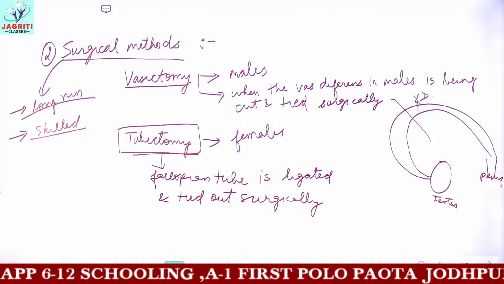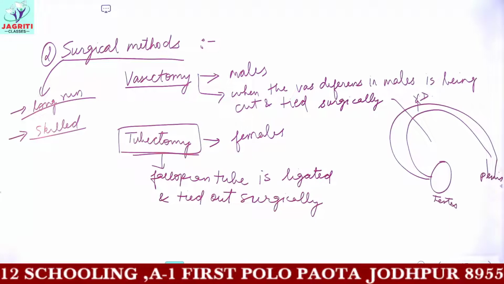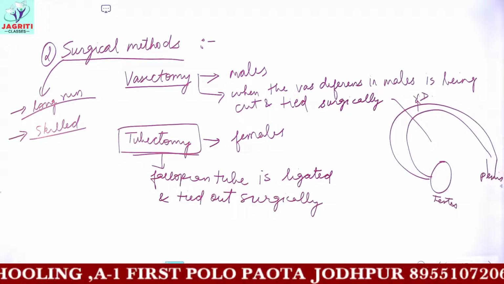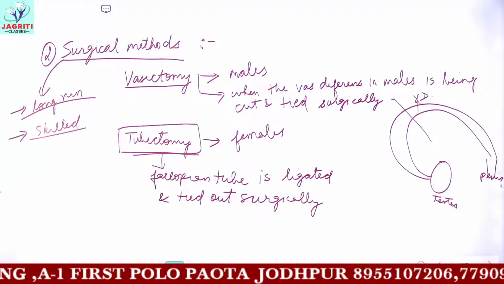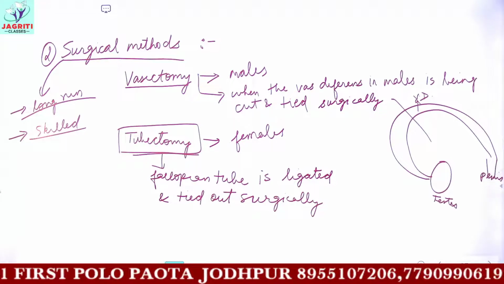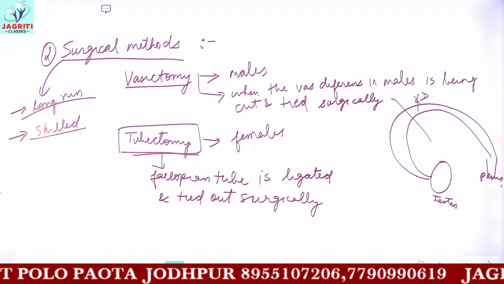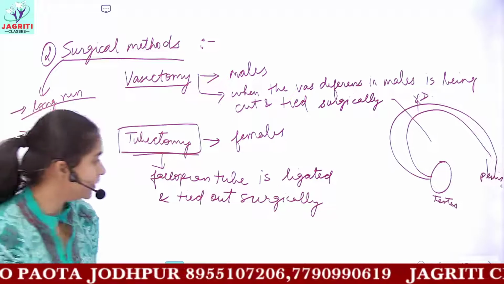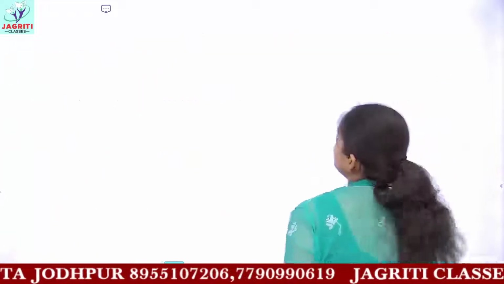And these are the potential methods of contraception to prevent unwanted fertilization, or you can say unwanted pregnancies. Now one more contraception method, using different kinds of devices, is given in the books.